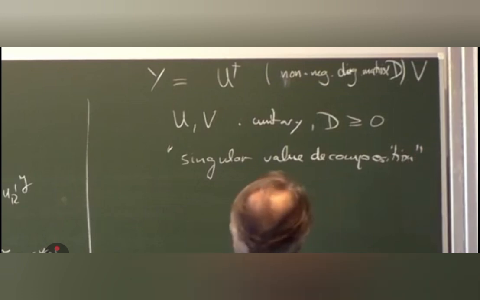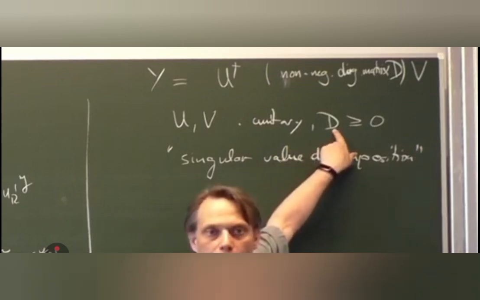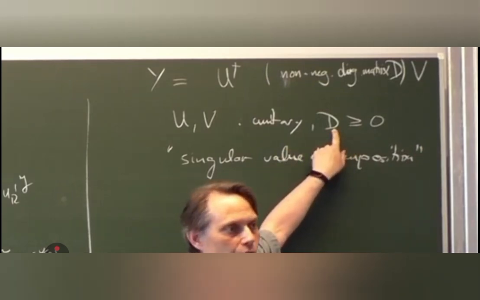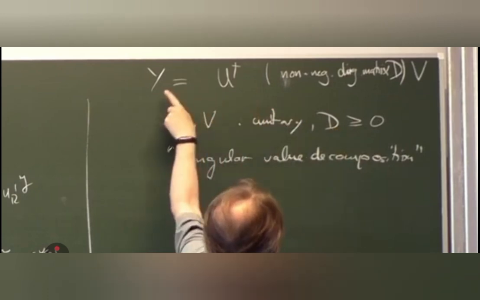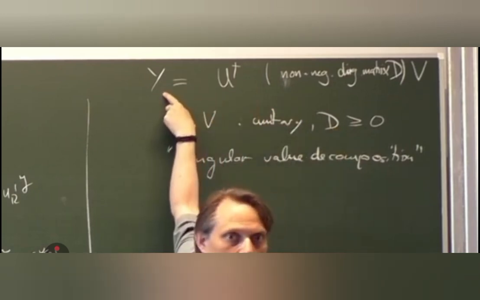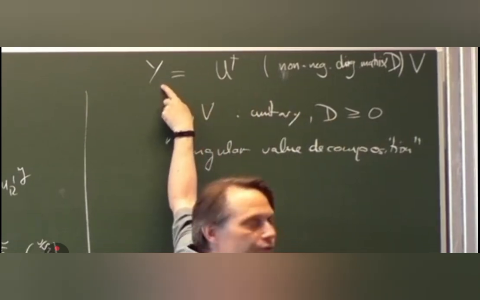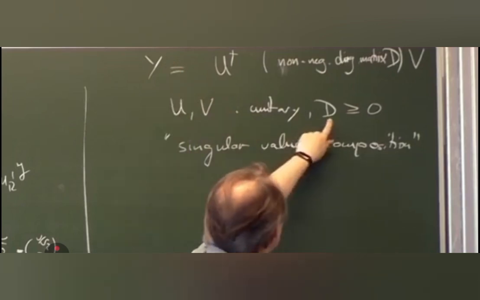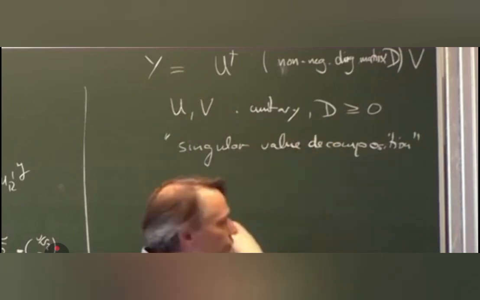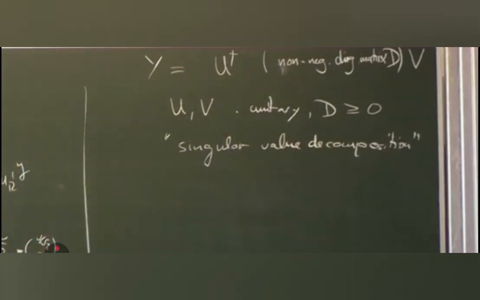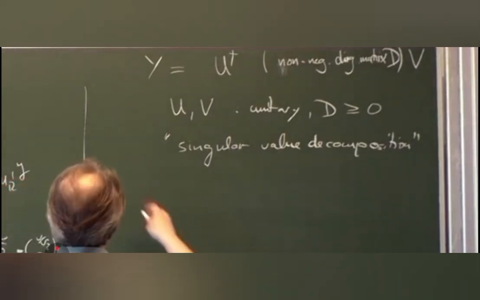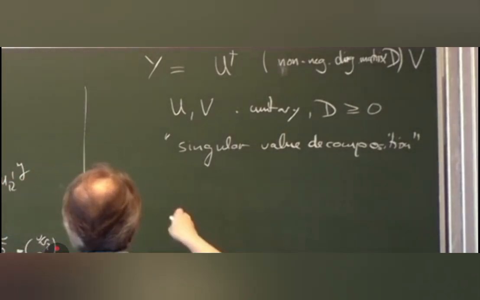And the diagonal entries of this diagonal matrix are not necessarily the eigenvalues of the matrix, because a general matrix doesn't have eigenvalues, but they are called singular values of the original matrix Y. And so let us write all the Yukawa matrices now in this way.